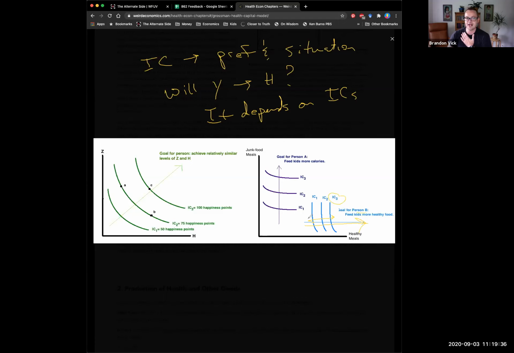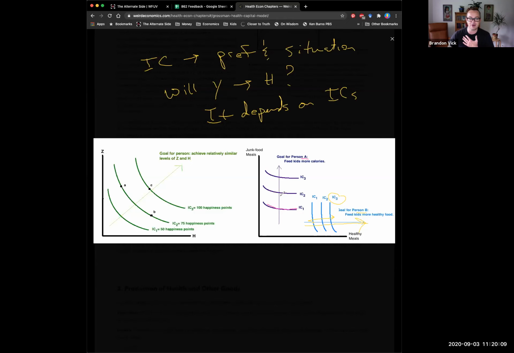Person B here has indifference curves that go rightward. And so moving from IC1 to IC2 to IC3 indicates that person achieving greater well-being or happiness in life. That may be for me. I'm person B. If I'm person B and I get more income, I'm going to put it in healthy investments and achieve greater health.